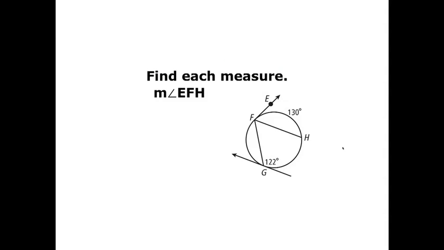So use that idea. We want to find the measure of EFH. That's that entire angle there. What I know right now is that between these two sides, FE and FH, is an arc, FH, this arc right here, that measures 130 degrees.